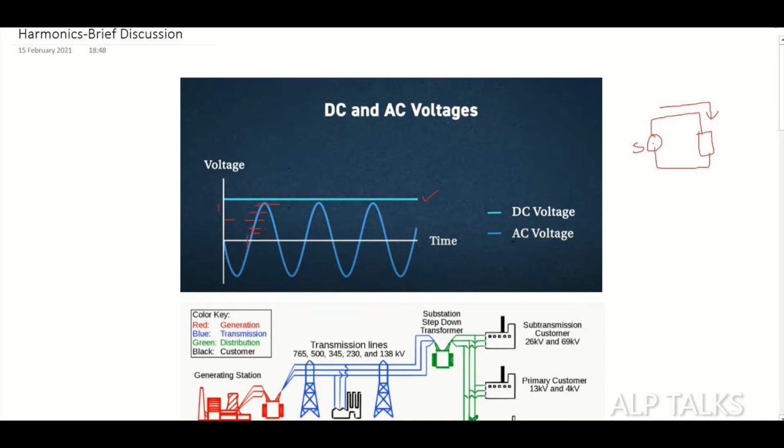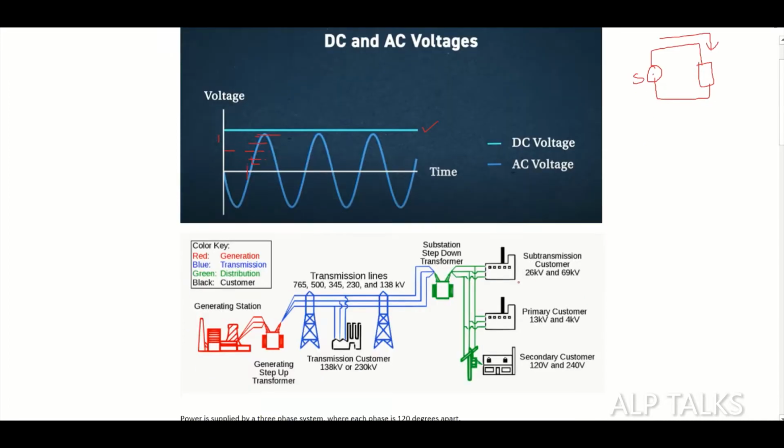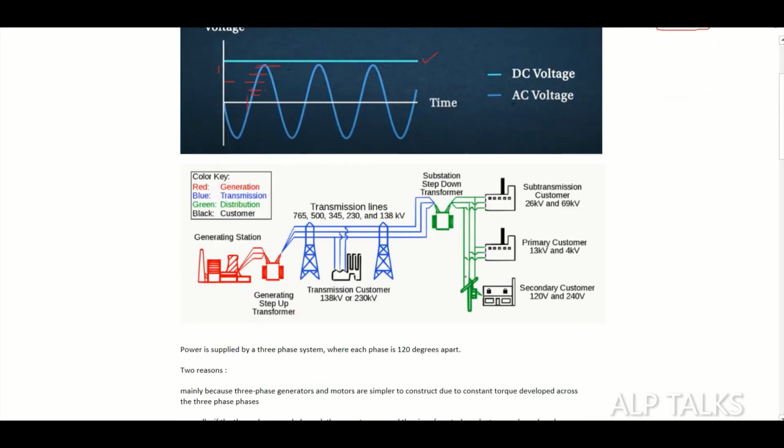So what are the things we have to take care of? Whatever you are watching here is the generation system. In the generation system, only if everything is perfectly ideal will we get perfect sinusoidal wave generation.